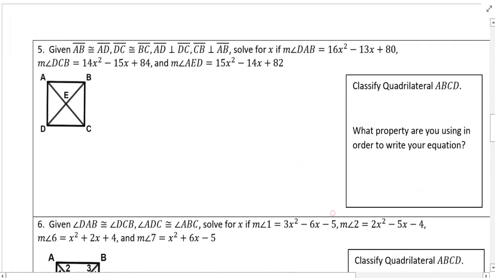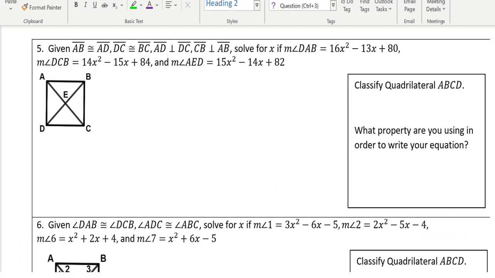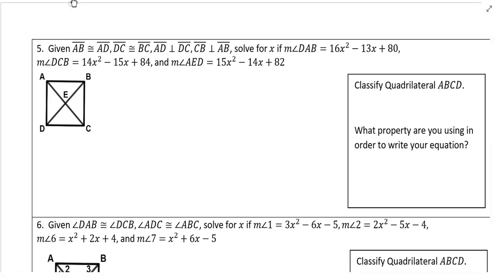Number 5 here, we're given, I'm going to just do a little sketch here, and I'll erase it, side work here. AB is congruent to AD, so these two sides are congruent.